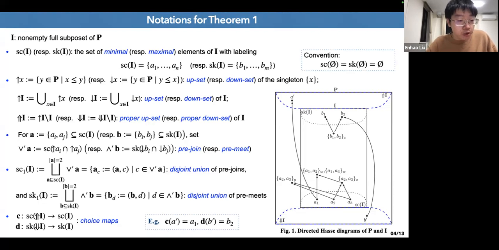We use boldface C to denote the choice map from the source of the proper upset of I to source(I), and boldface D to denote the choice map from the sink of the proper downset of I to sink(I). For example, for A prime, we choose A_1 as the smaller element in source(I) that is smaller than A prime.